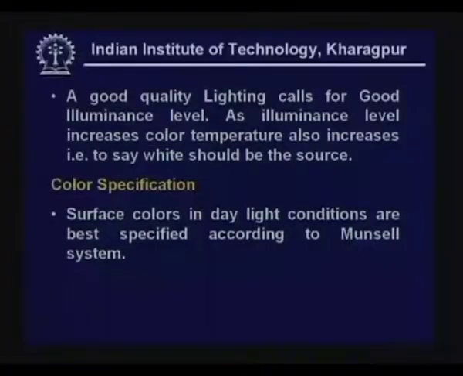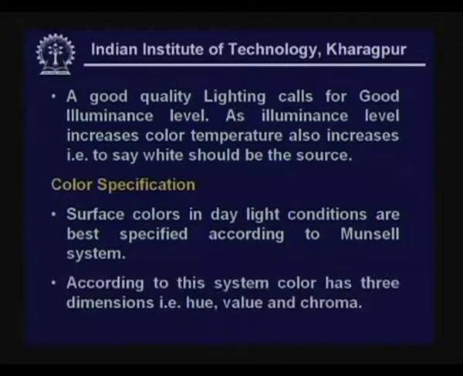The three basic components that are involved are the light itself, the source color, the object color as it appears, and the perceived color by the observer, and therefore, it is appropriate to see how one is going to specify the color. Now, one of the earliest techniques or methods was to use what we call the Munsell system.